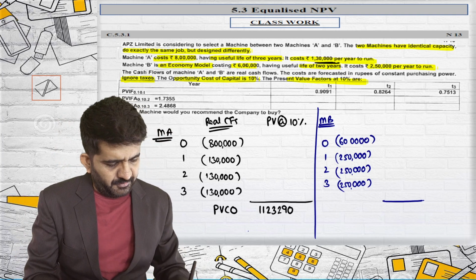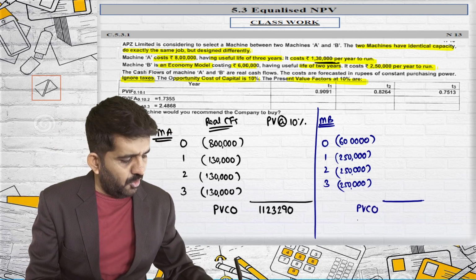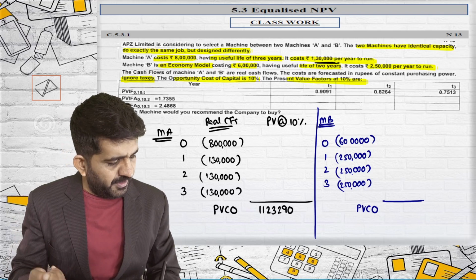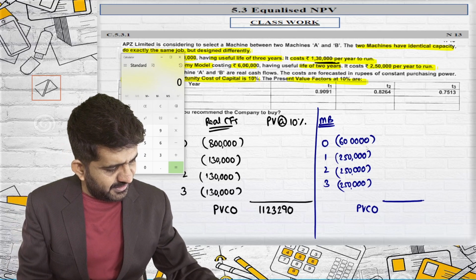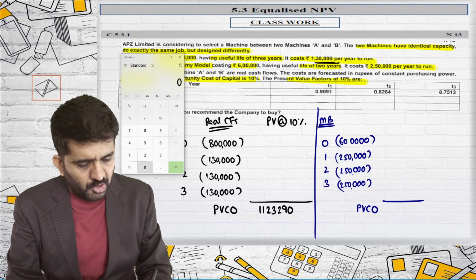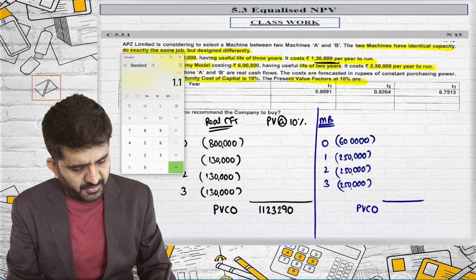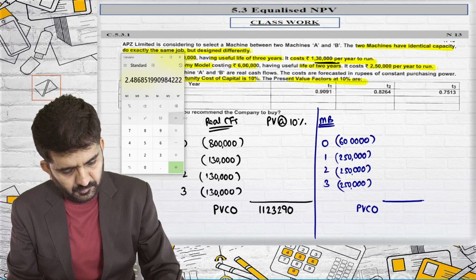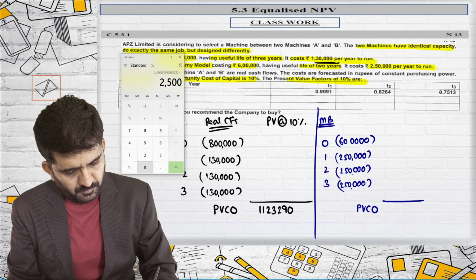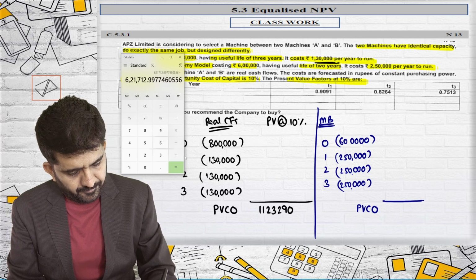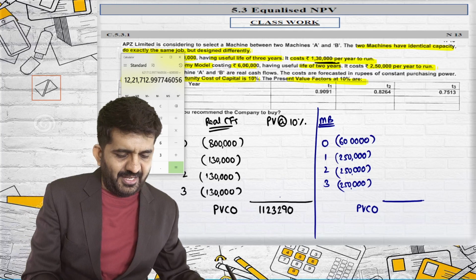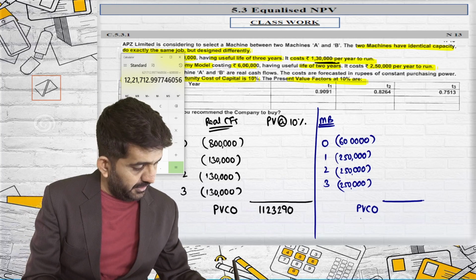Just find out the present value of cash outflow. I cannot find out NPV. I will have to find out the present value of cash outflow. 6 lakhs is itself a present value. 2,50,000, I need to find out the present value. It is 12,21,713.